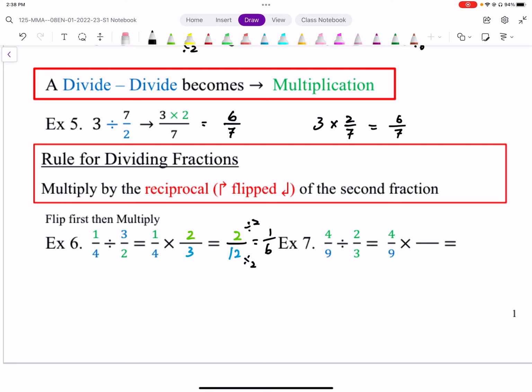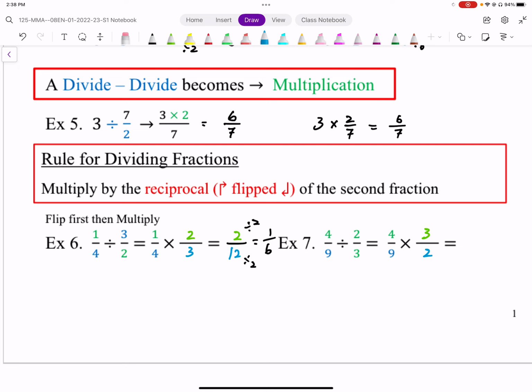So same thing here, we have the divide converts to times, so we need to do a flip to make that balance out. So dividing by 2 over 3 is the same as multiplying by 3 over 2. That 2 really should go in the denominator because it's a divide.